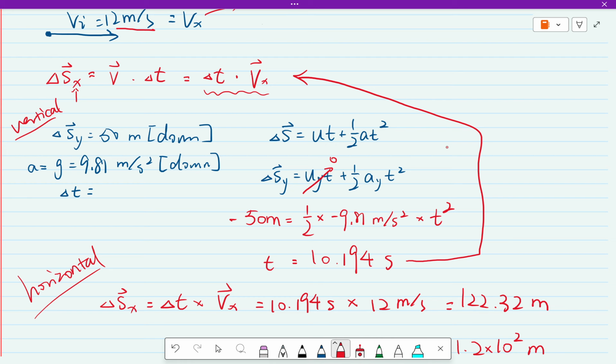The question is always asking for something in either the vertical or horizontal dimension, so we can always start by analyzing the other dimension and figure out what we need to solve for.